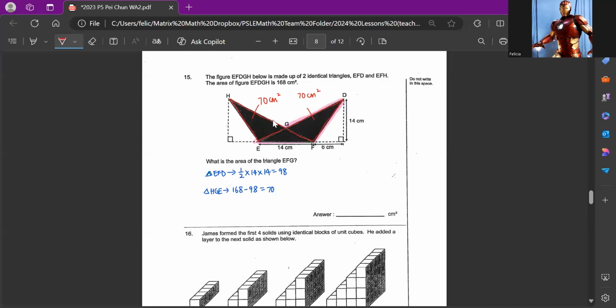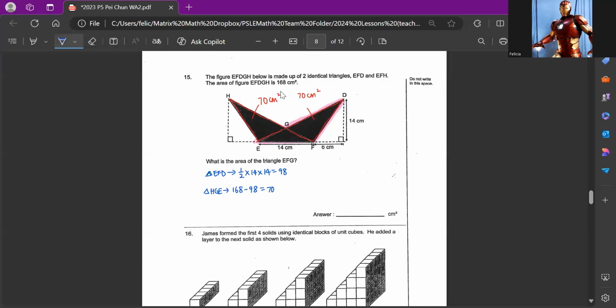Now, notice then you can easily find EFG already. Because I know this and this adds up to 168. I repeat again, 168 is made out of three parts. This red triangle, and also the second red triangle, and the last triangle EGF. So three parts constitute 168.